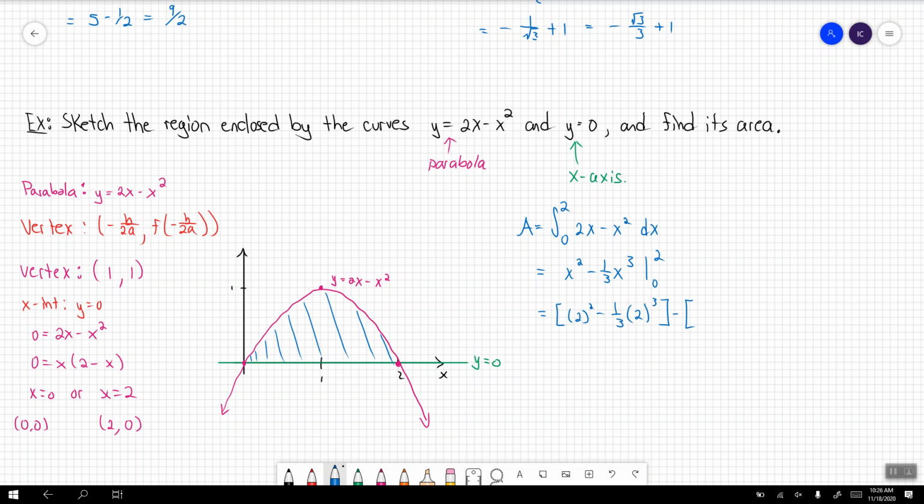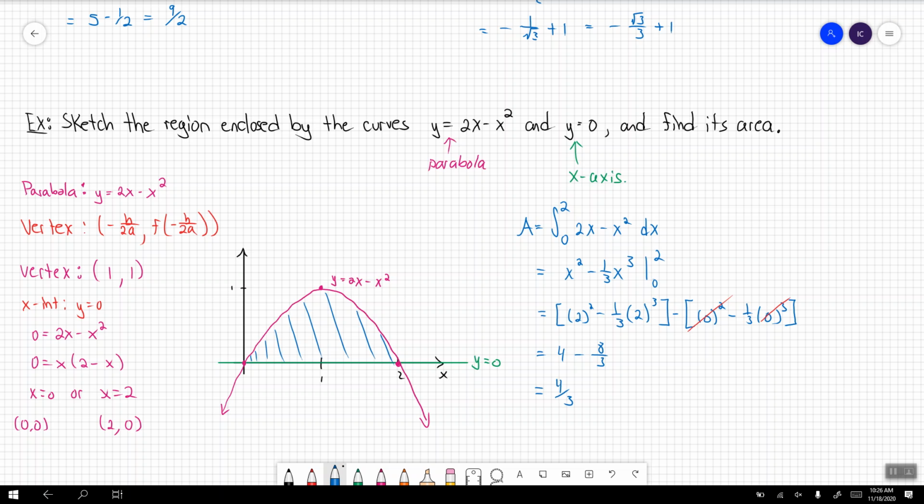Subtract out the function evaluated at 0. Again, we don't worry about the last terms because they're all evaluated at 0. There's no constants. They all cancel out. Which means we're going to be left with 2 squared, which is 4, minus 2 cubed, that's 8, divided by 3. 3 times 4, that's going to get us 12. 12 minus 8, that's going to get us 4, so we get 4/3.